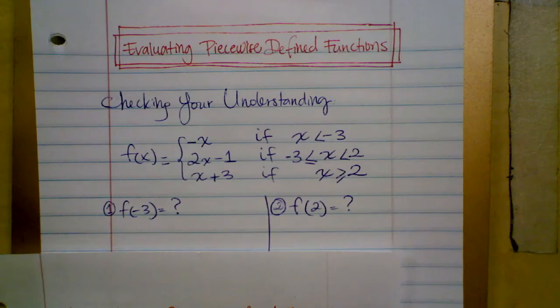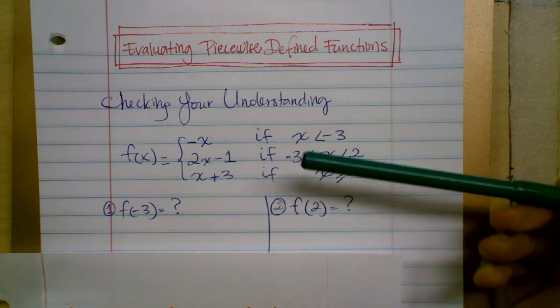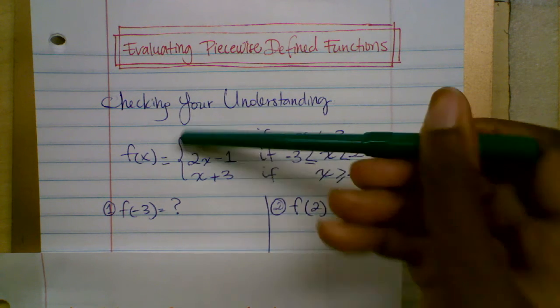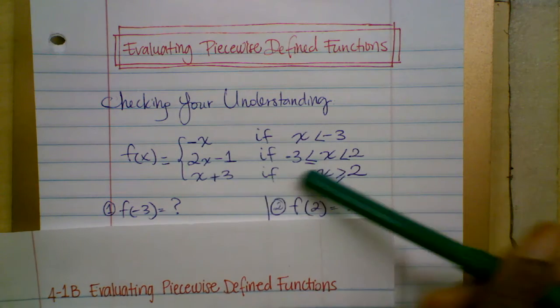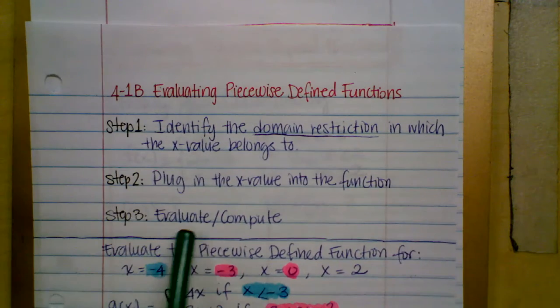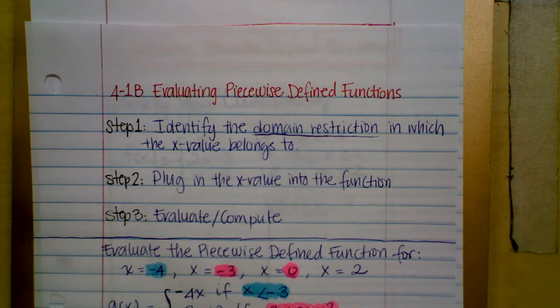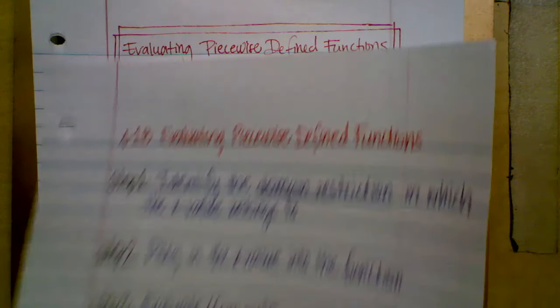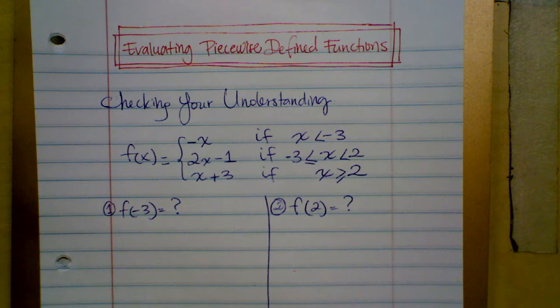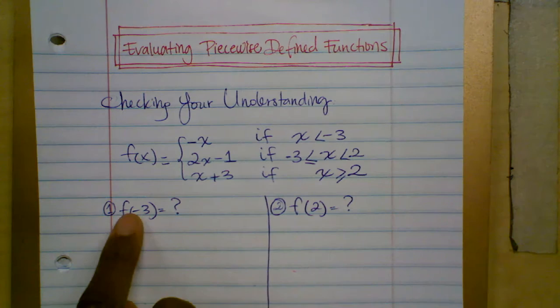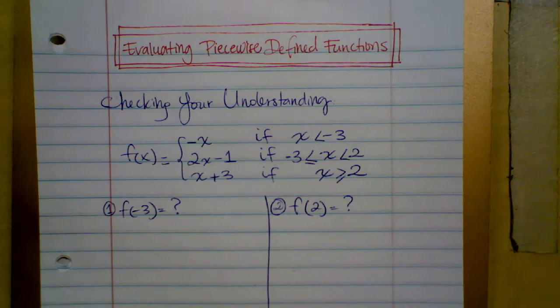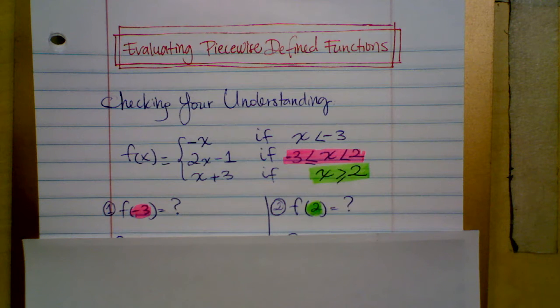When you identify the correct domain, you use its corresponding function. Step 3, compute or evaluate to find the output. Now pause the video and try to do f of -3 and f of 2. Okay, let's go over the steps.